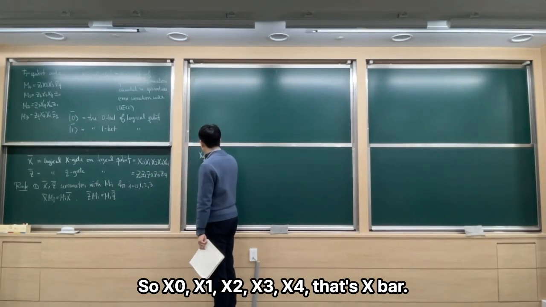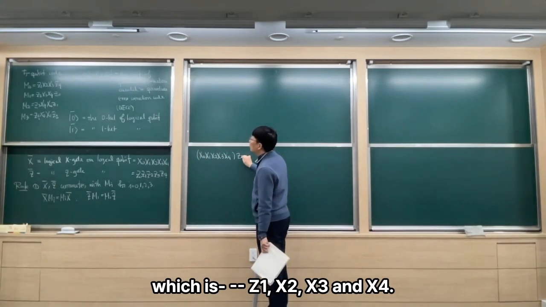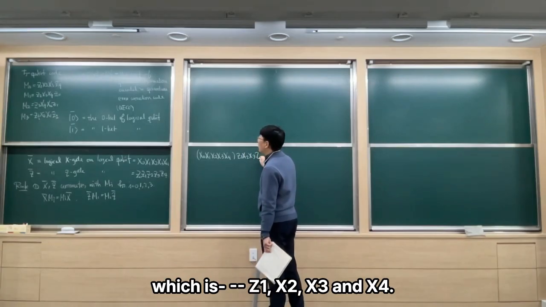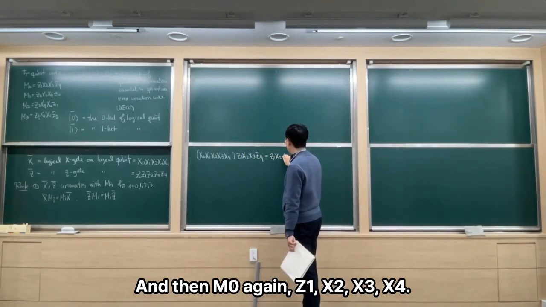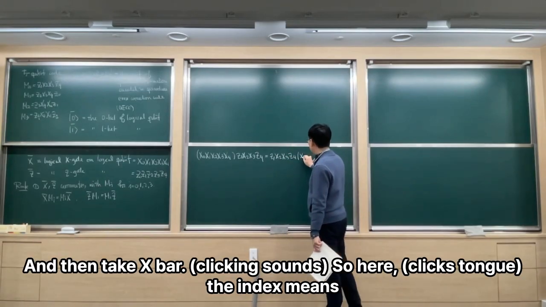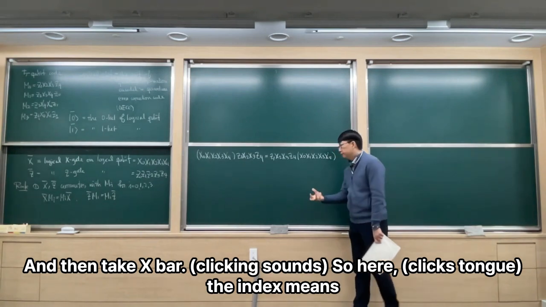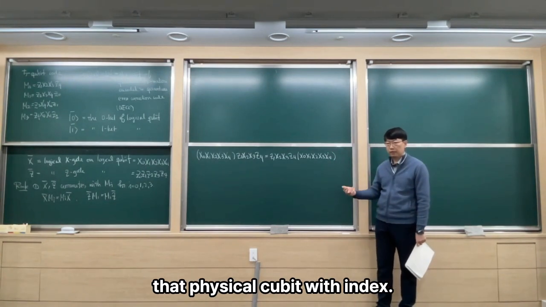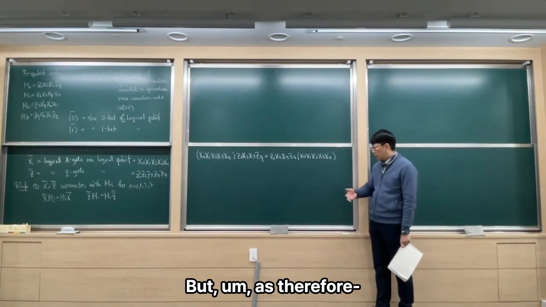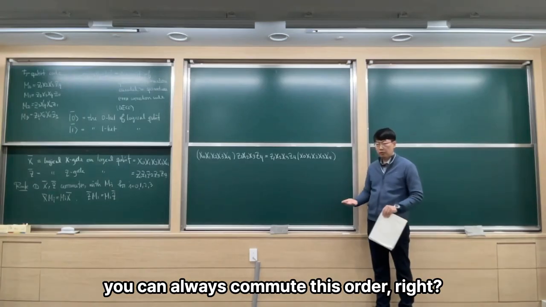So X0, X1, X2, X3, X4, that's X bar. And let's take M0, which is X0, Z1, X2, X3, and X4, and then take X bar. Here, the index means that it's the gate acting on that physical qubit. Therefore, if you have gates acting on different physical qubits, you can always commute the order.